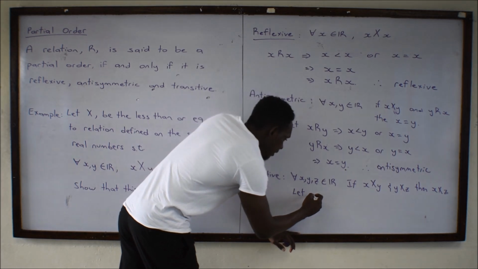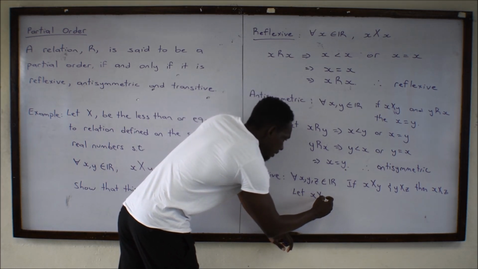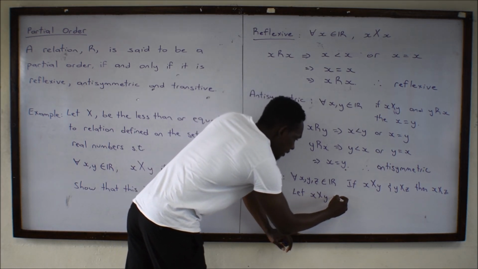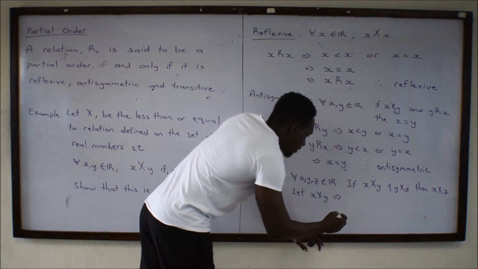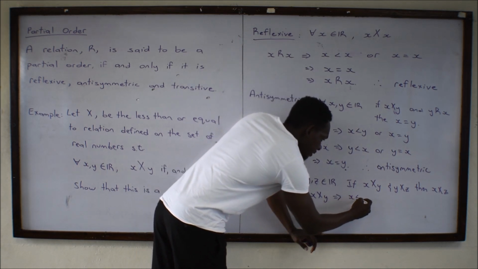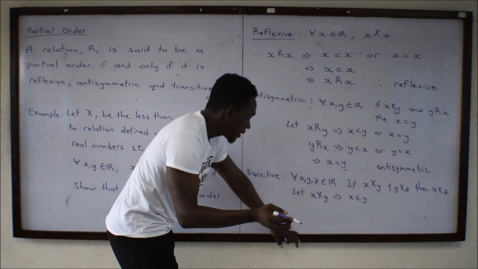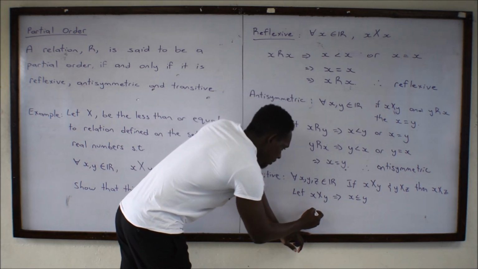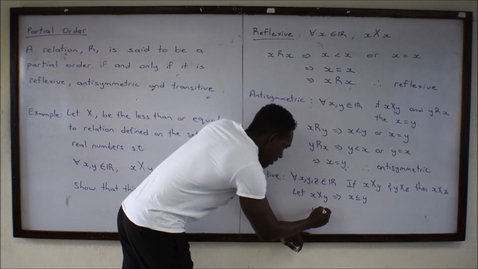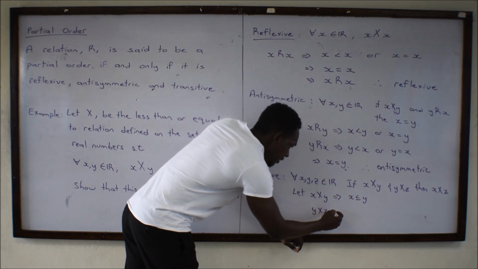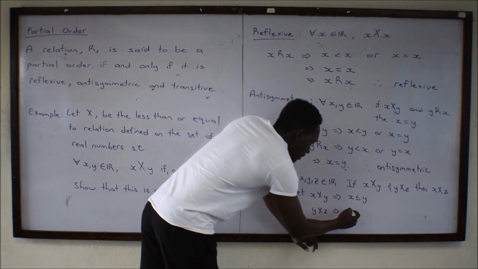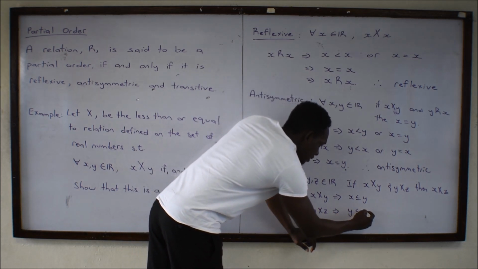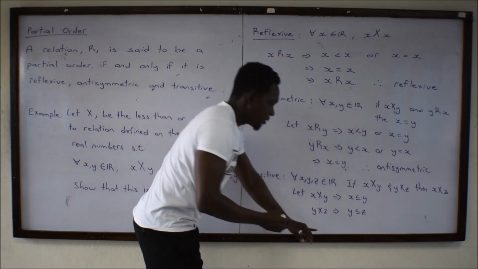Alright? So let x be related to y. This tells us that x is less than or equal to y. And we're going to let y be related to z, which tells us that y is less than or equal to z.